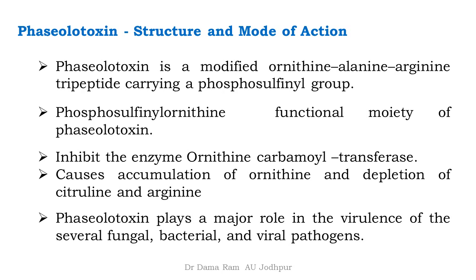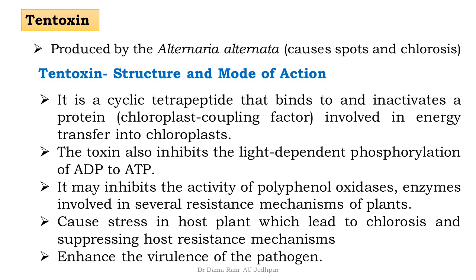The toxin plays a major role in the virulence of the pathogen by breaking the disease resistance of the host, not only towards the halo blight bacterium but also several other fungal, bacterial and viral pathogens.